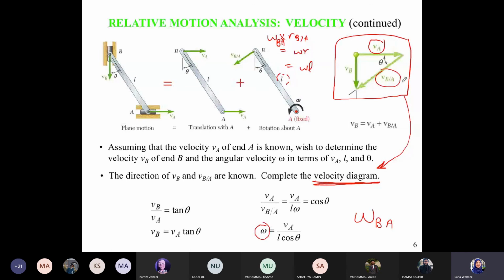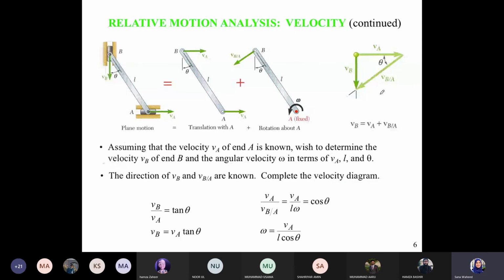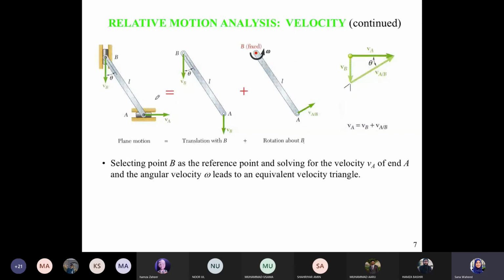Let me just consider what happens if instead of A, I use B as my base point. Let's say because I knew the velocity of B. Now what will happen with that? Let's see.